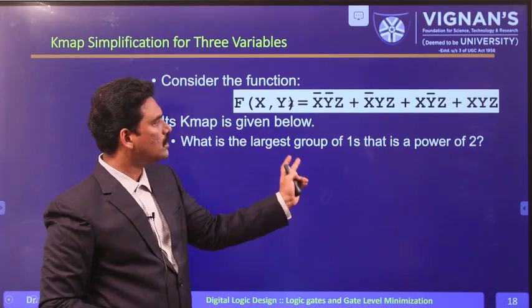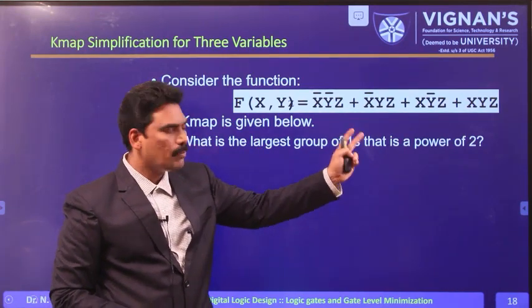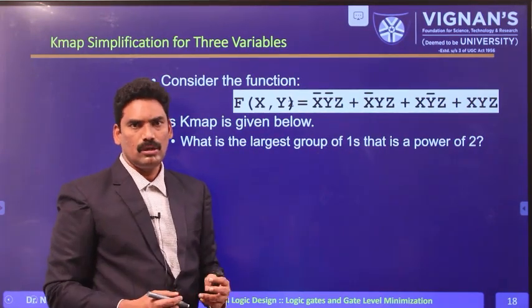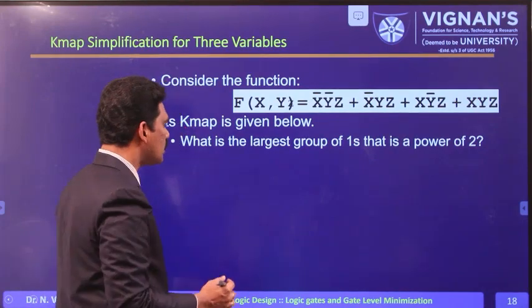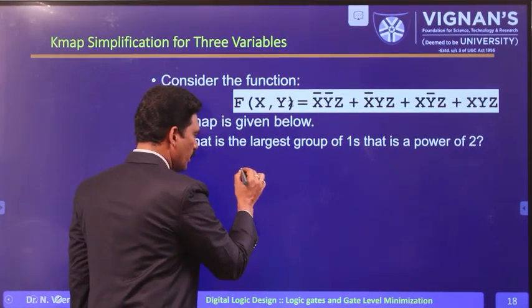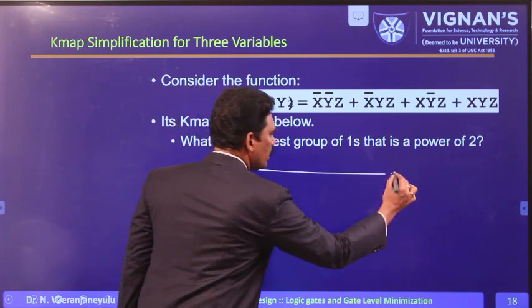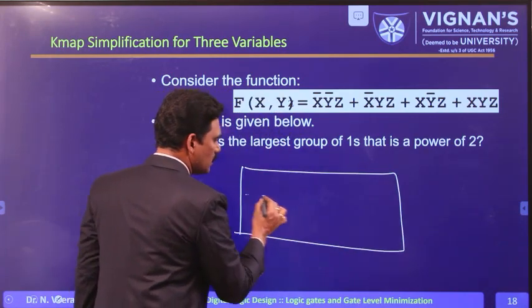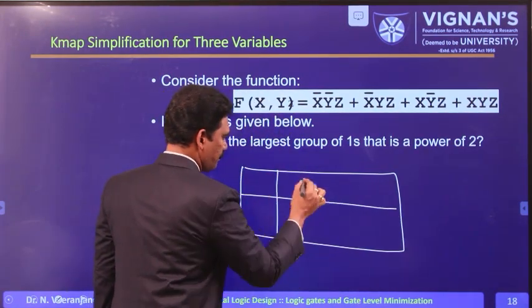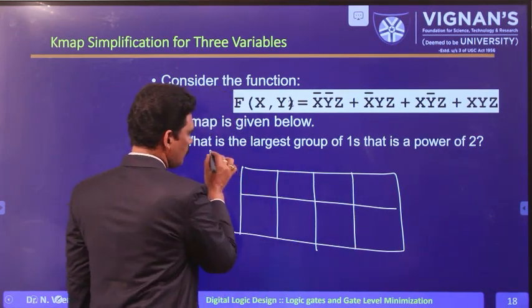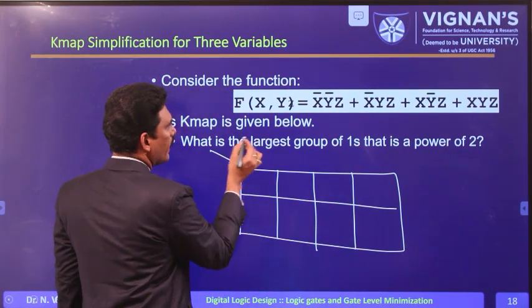What is the largest group of ones? That is a power of 2. For this, I am going to draw this K-map. This is a 3 variable K-map, xyz.